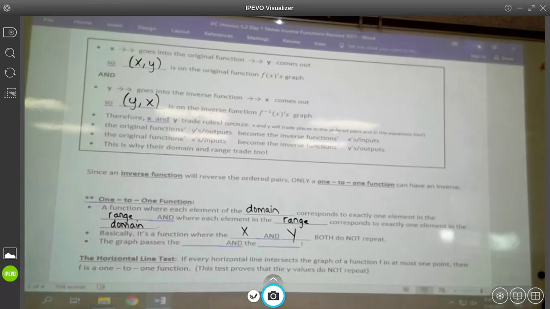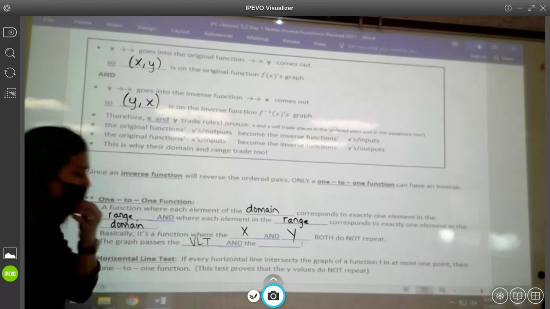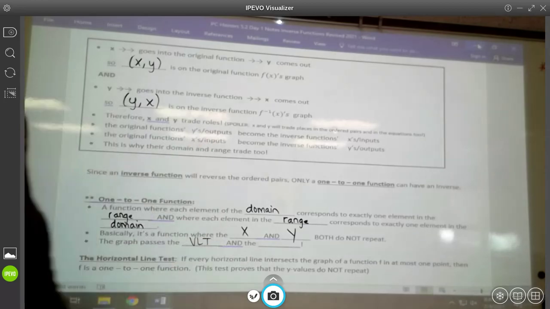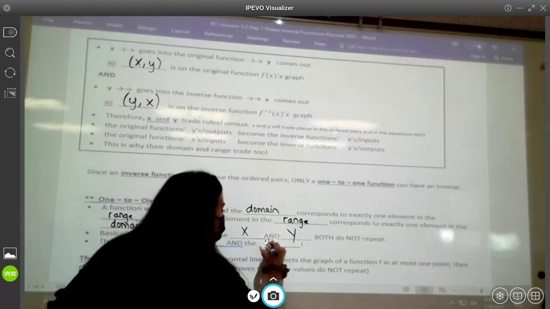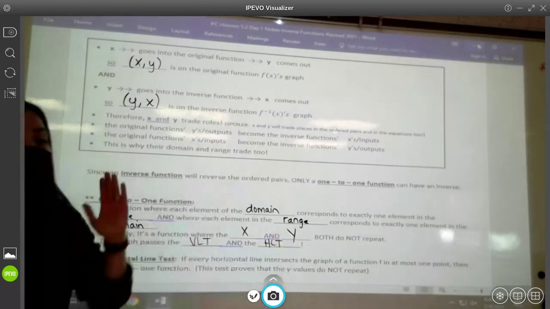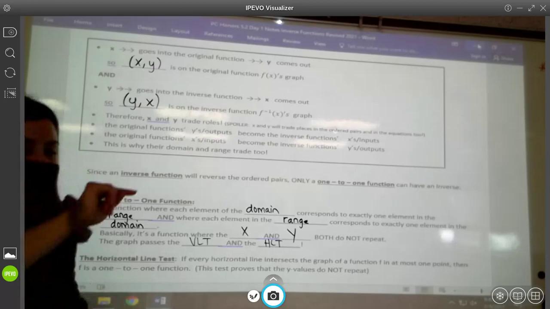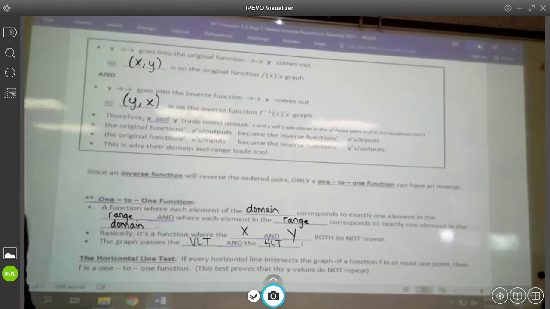And then the graph of a one-to-one function, yeah, it'll pass the vertical line test because it's a function. It's got to pass the vertical line test. The x's should not repeat. But guys, the graph of a one-to-one function will also pass the HLT, the horizontal line test, which means if I was to draw a horizontal line anywhere over the graph of that function, it would only hit the graph one dot at a time.